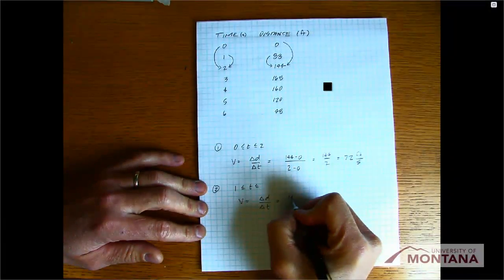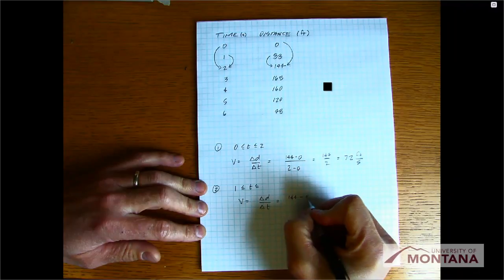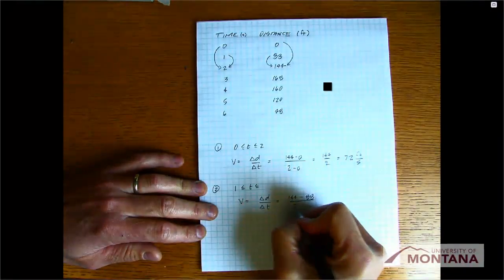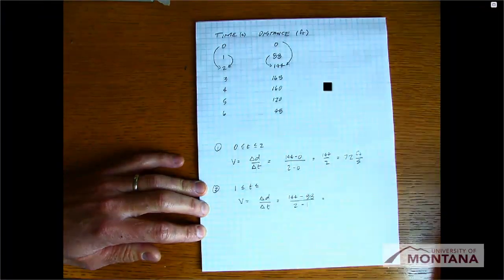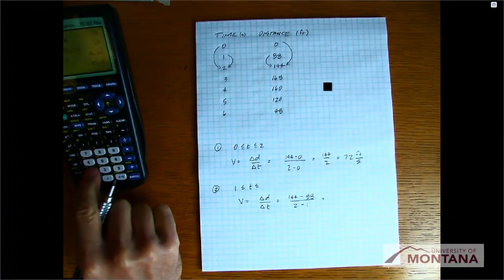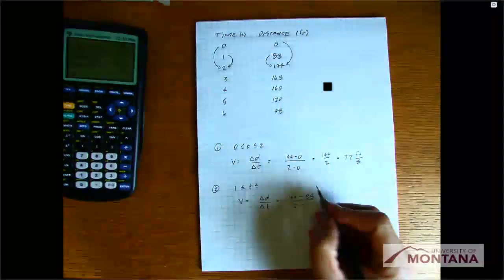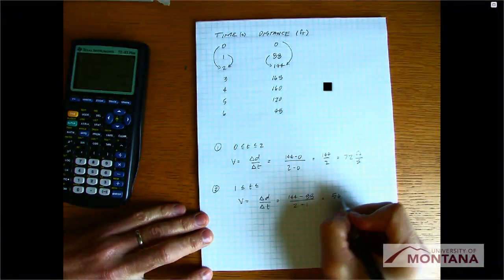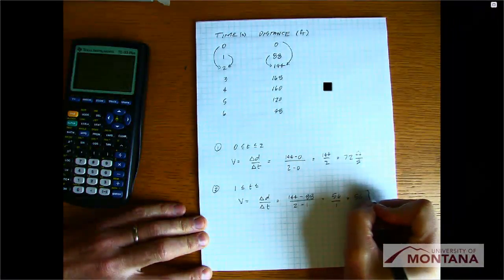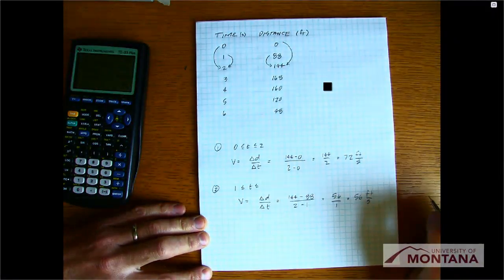So it'd be 144 minus 88 all over 2 minus 1 seconds. So let's see, what is that? 144 minus 88. So 56 feet in 1 second. So it's just 56 feet per second.